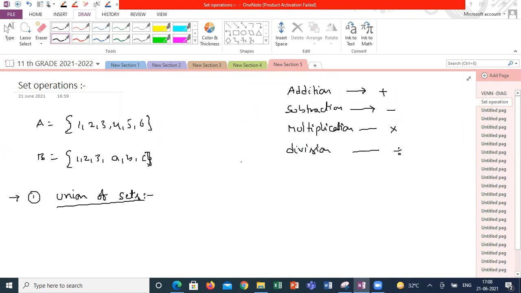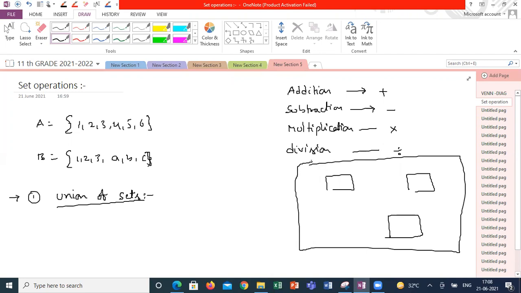The meaning of union is that all the workers form a group.